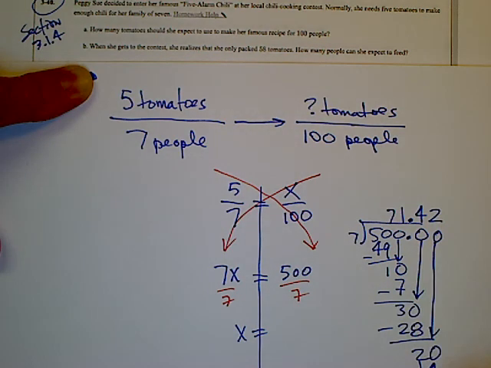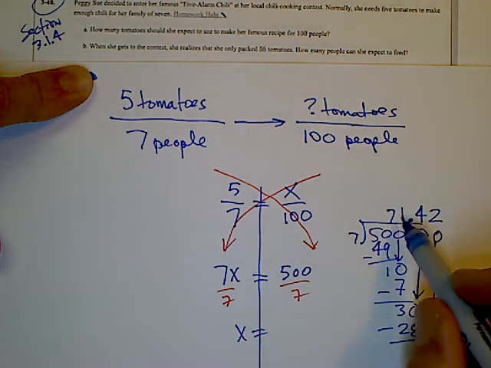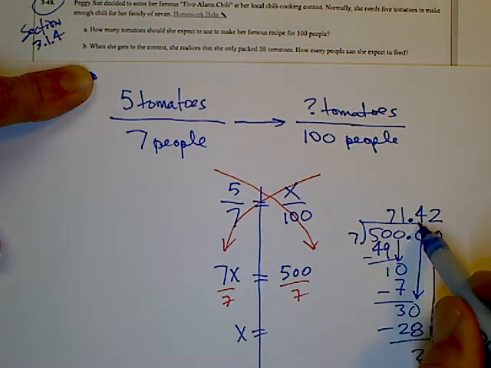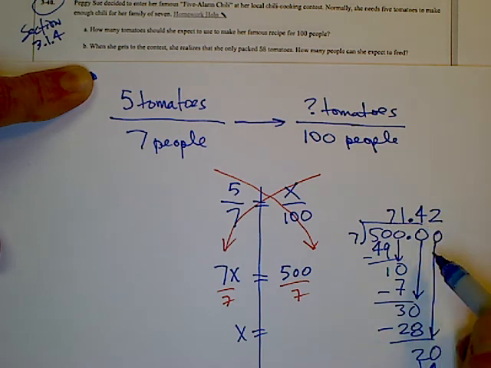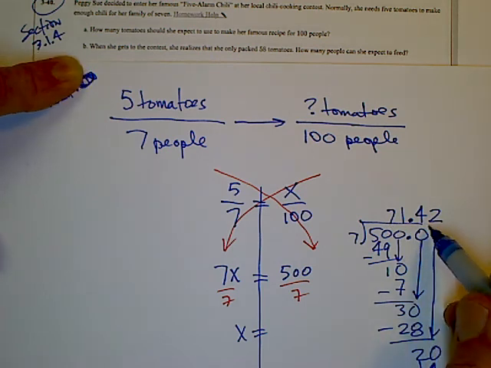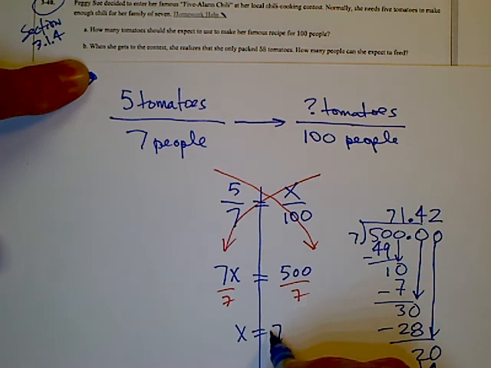It gives me 14, subtract, I get 6. So at this point, I can look at this as approximately 71.42 for my x. I'm just going to approximate what my x is.